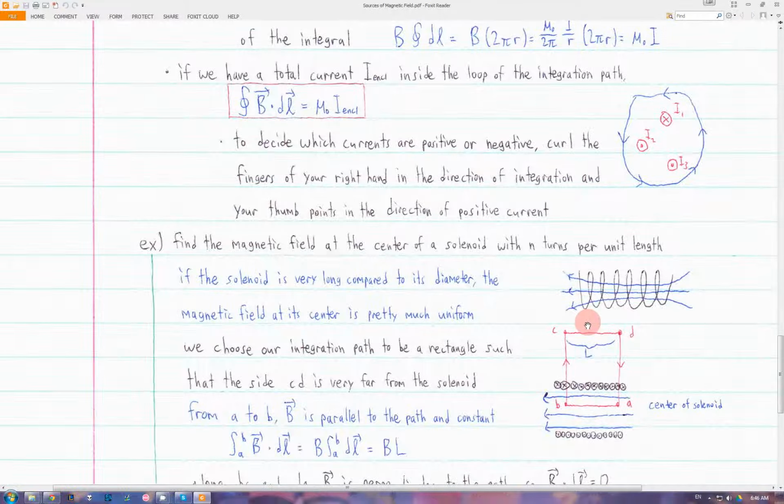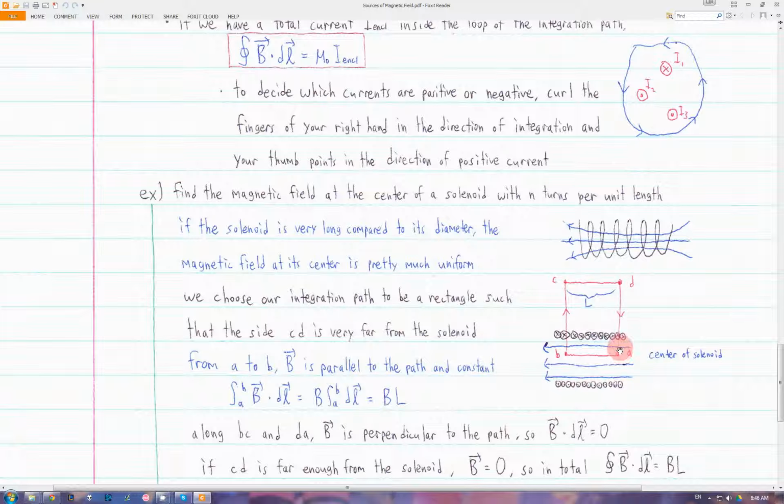Now that we've chosen a closed loop, we just have to calculate the integral of B dot dl around this rectangle. Starting from a to b, B is always parallel to dl at this point, because dl is pointing horizontal to the left, and so is the magnetic field.